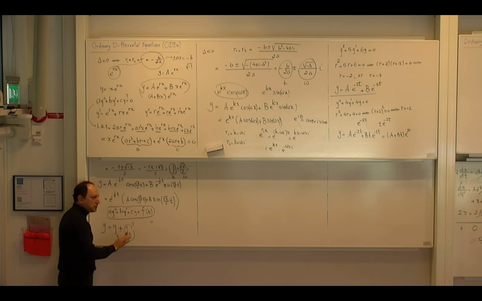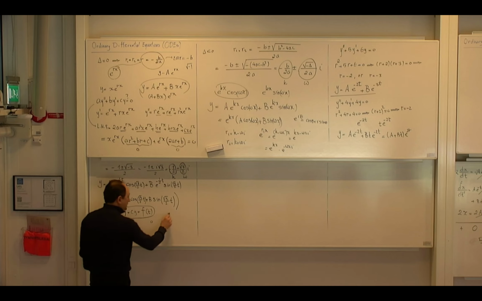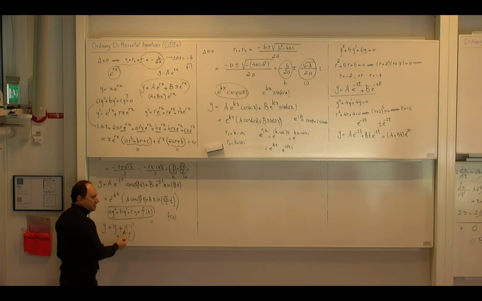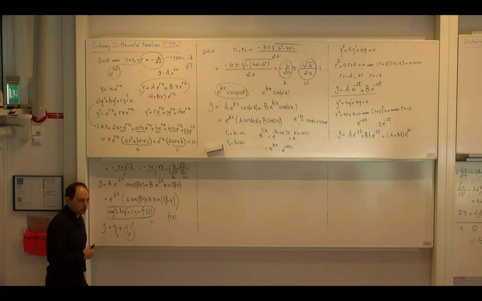But this is not part of your module today. You can only solve this problem for some very specific forms of f of t, okay? Those f of t's that we are interested in are the ones for which we can somehow make an educated guess for the form of the solution.